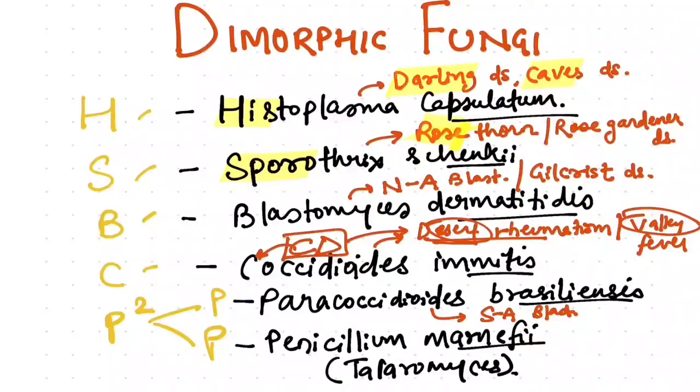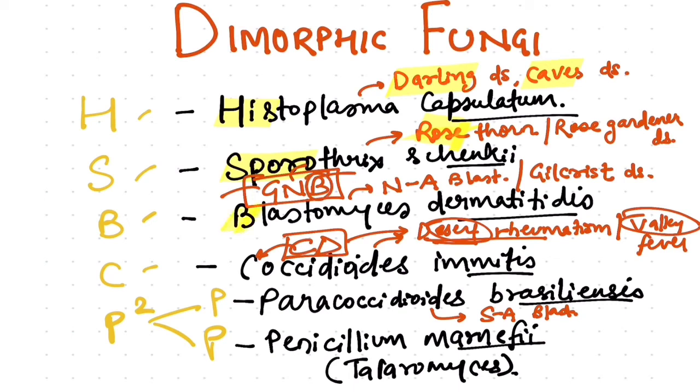Then coming to blastomycosis. Here remember G and B. Now if you have watched the How I Met Your Mother series, this is for Goliath National Bank. But here B is for Blastomyces.